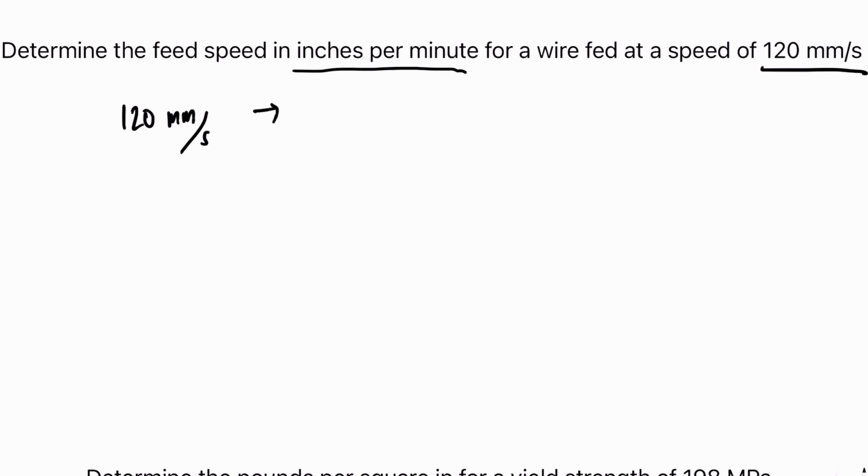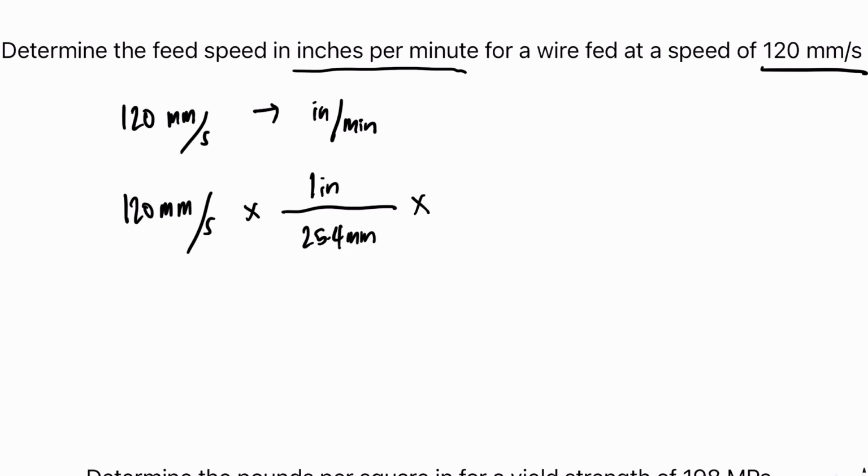You just need to cancel those units and convert it to inches. So 25.4 millimeters, 1 inch, and for the seconds, you need to cancel the seconds on the denominator, so you have the conversion here: 1 minute is equal to 60 seconds.